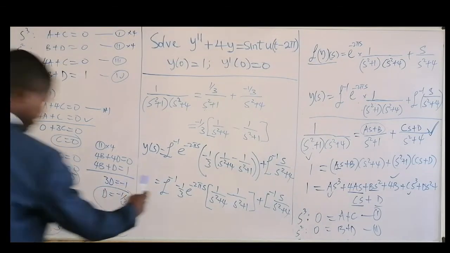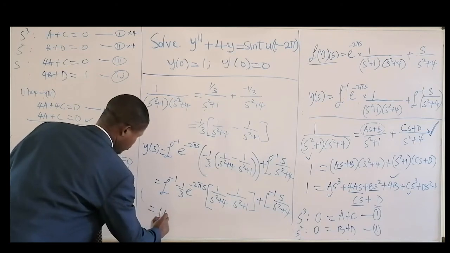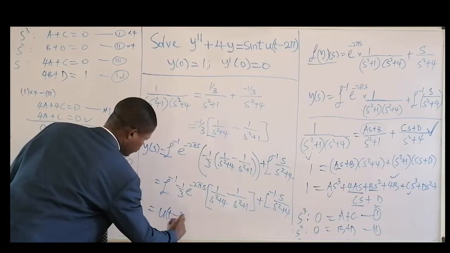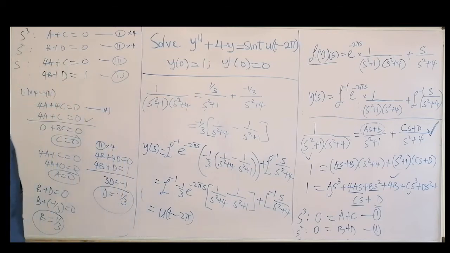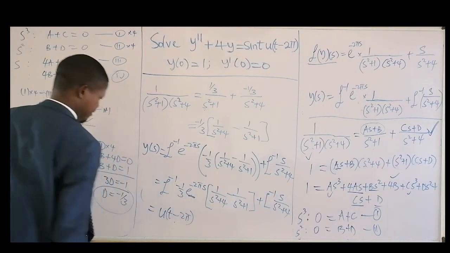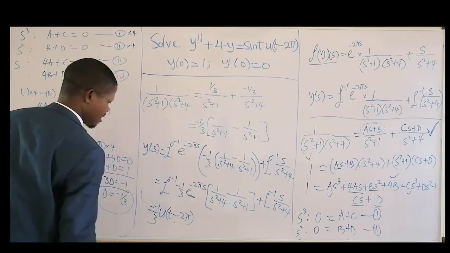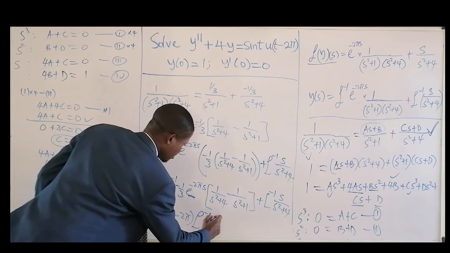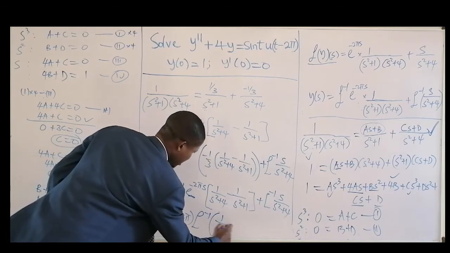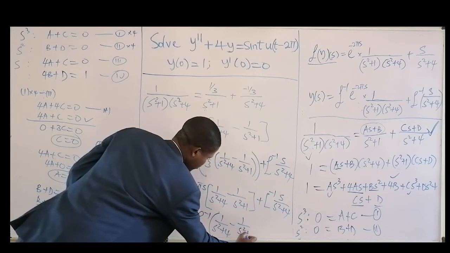The inverse of e to the minus 2 pi s will be u of t minus 2 pi. We can return that back to the original form. You take the inverse of this exponential form, and you can put your minus 1 over 3 by this side, and that will be equal to inverse of 1 over s squared plus 4 minus 1 over s squared plus 1.